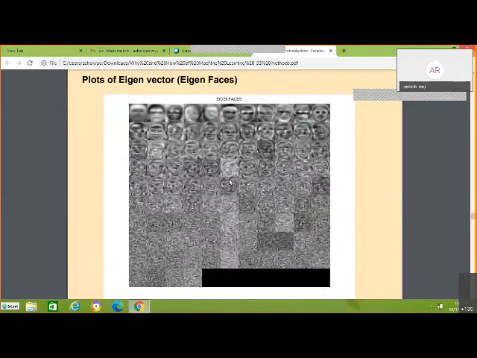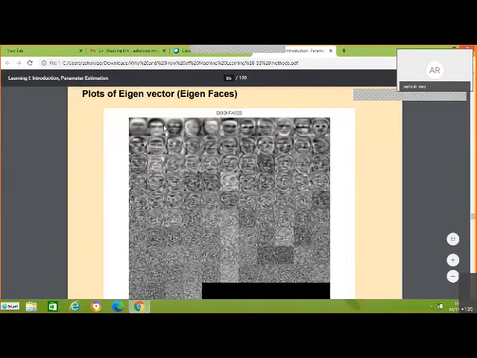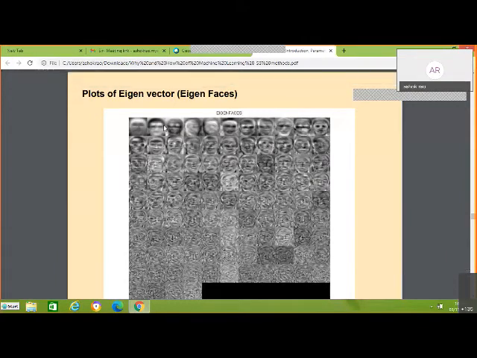So finally, when we get all the eigenvectors and assemble it back, the faces look like this. These are called eigenfaces. The eigenfaces are important because for those who have worked a little on images, particularly face images, your forehead and cheek and all that data is redundant. There is no value in the data.